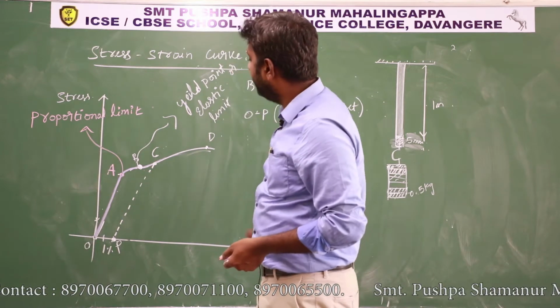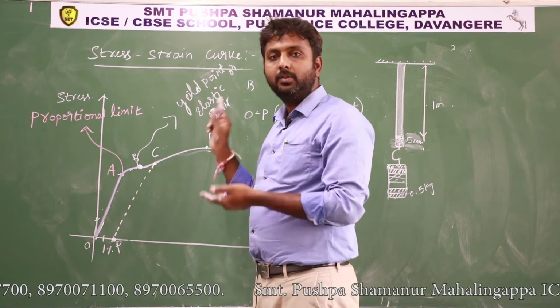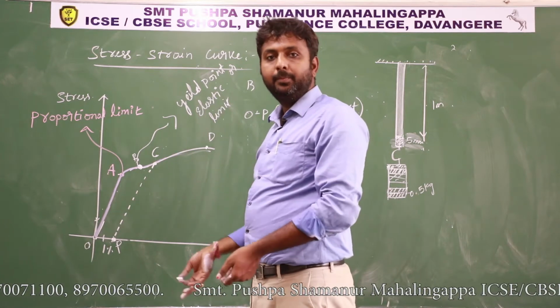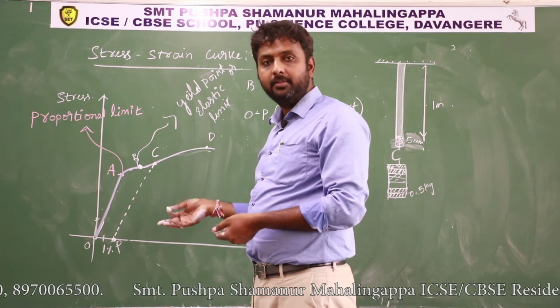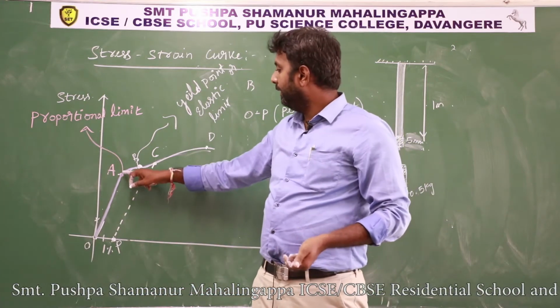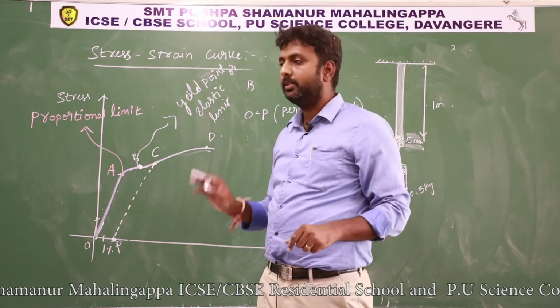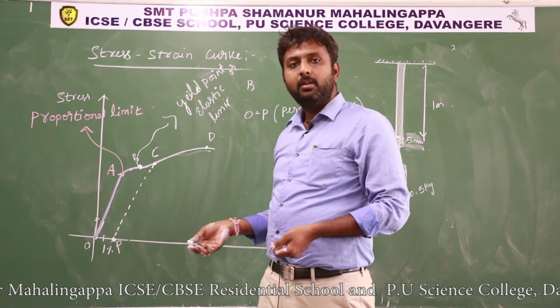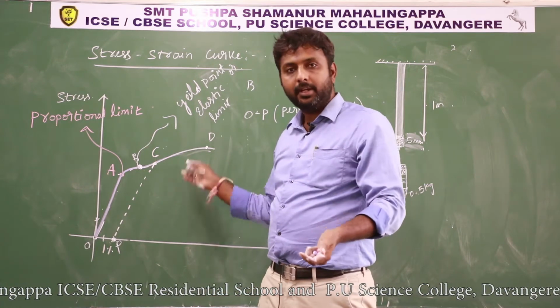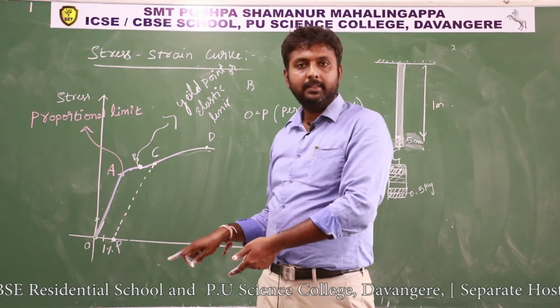That means we can say that up to A point, stress is proportional to strain. If you remove the load, that means if you make stress 0, strain also becomes 0. From A to B point, the stress is not directly proportional to strain, but if you make stress 0, strain also becomes 0. That means it restores its original length.